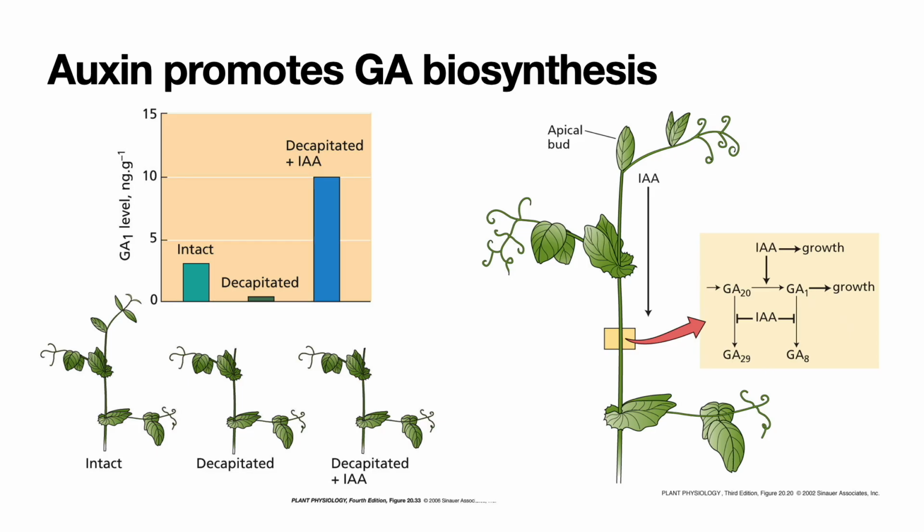On the left, we can see that applied IAA increases the concentration of GA1 in decapitated pea plants. On the right, we can see that IAA blocks the inactivation steps of GA1, thus stimulating GA1 concentrations and growth.